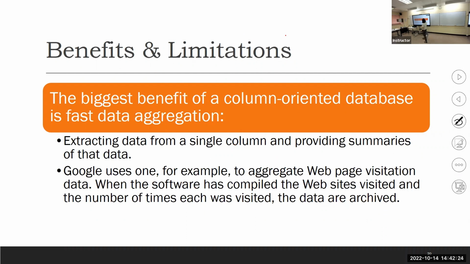So the benefit of column-oriented would be fast data aggregation based on a column. When we talk about aggregation, it's a kind of summary of the data based on a single column, right? So it could be providing summaries of the data such as average sales value.